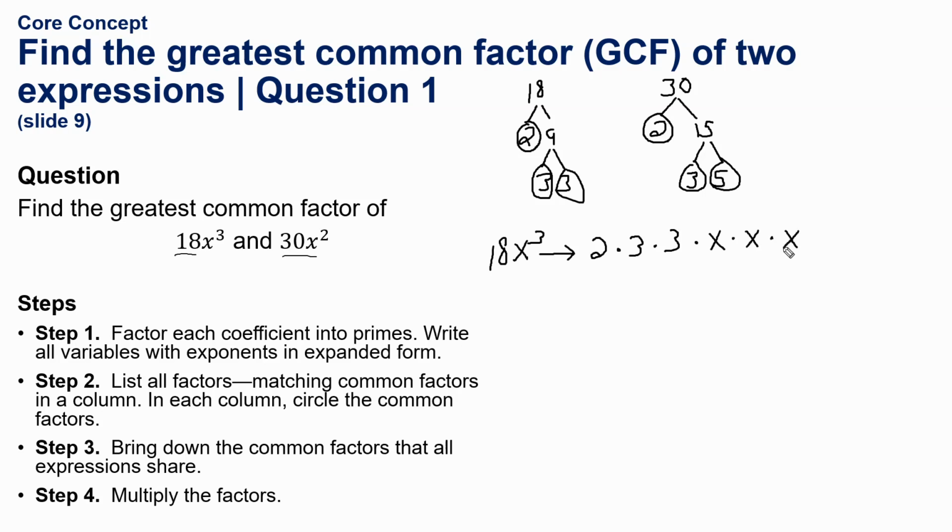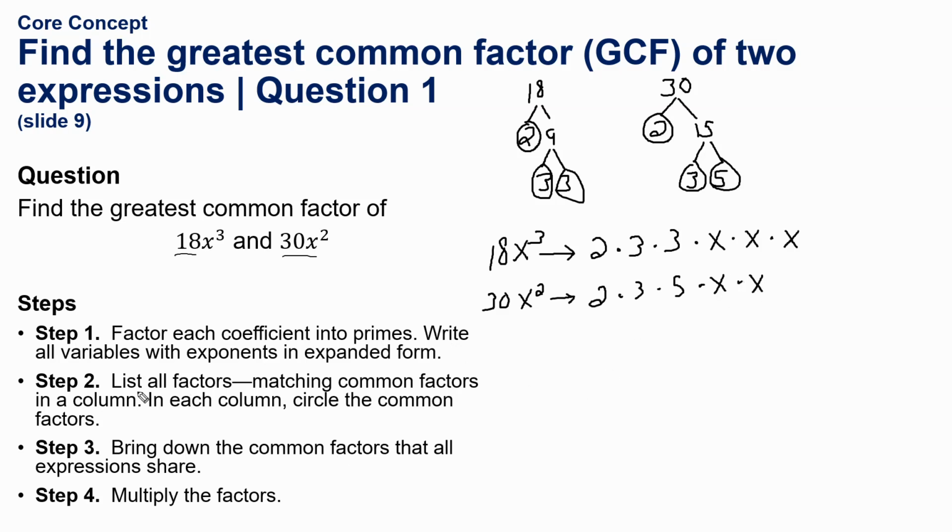So I've expanded that out now. Then we can do that for the number 30x squared, which is going to be 2 times 3 times 5 times x times x.